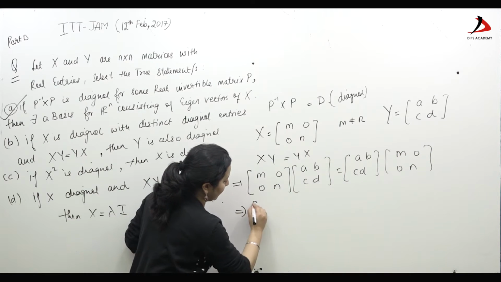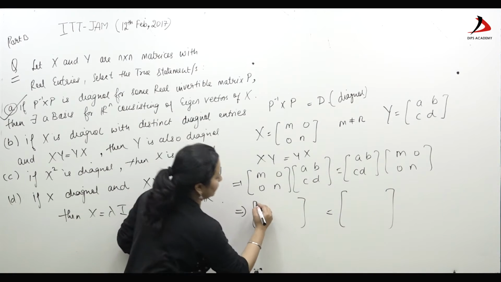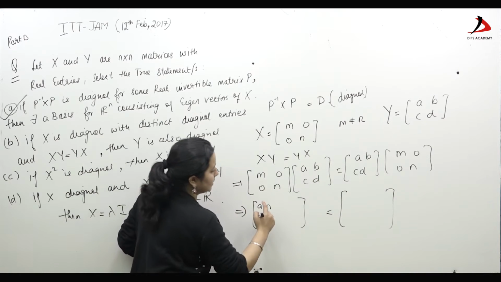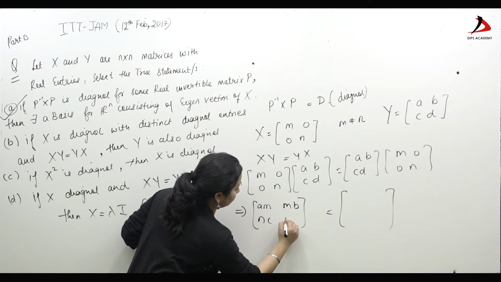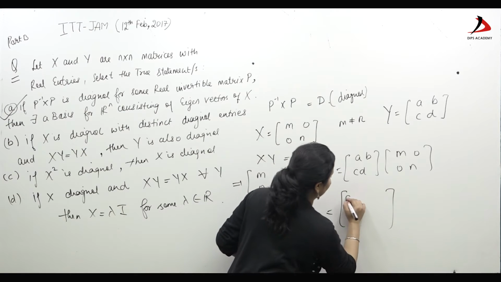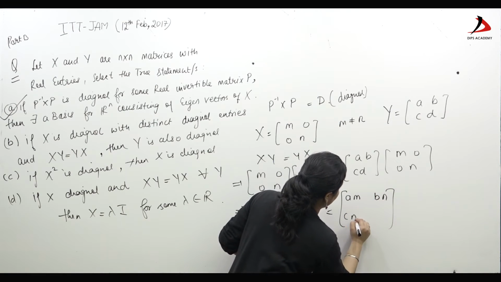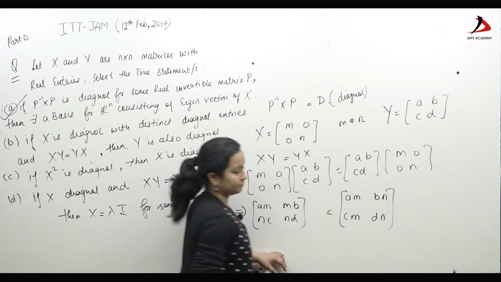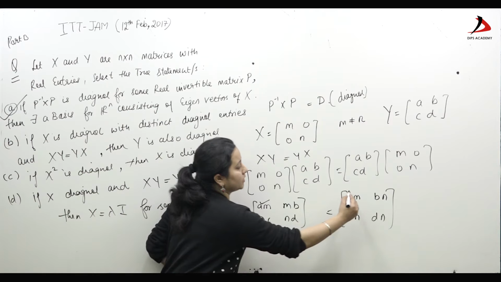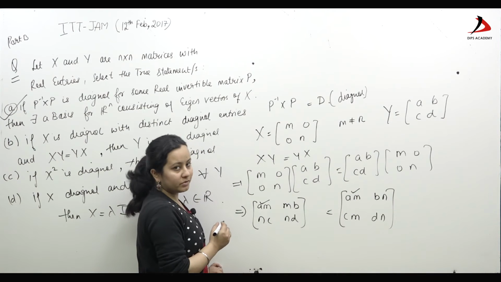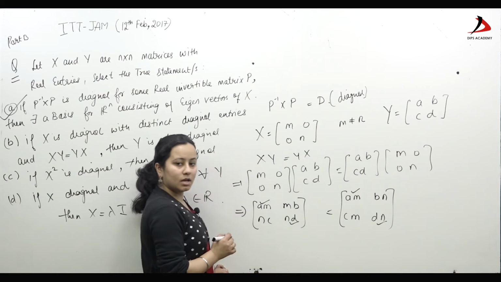Now we will compare these two matrices term by term. When we compare these two matrices, the first entry of this matrix and the first entry of the other are the same, and similarly the fourth entries are the same.